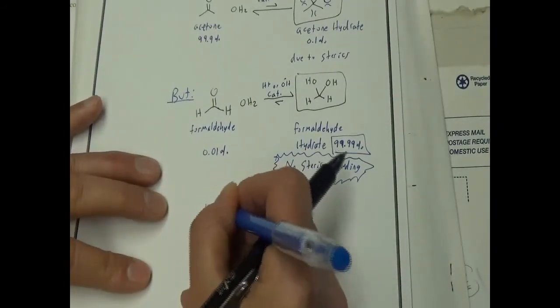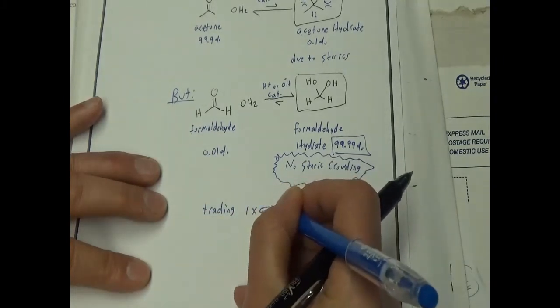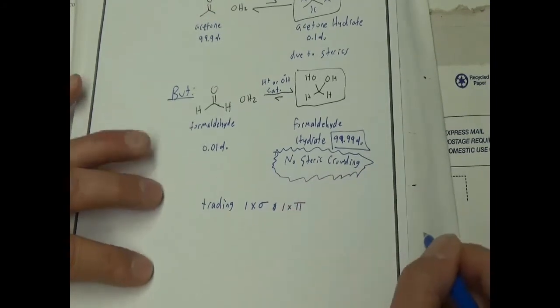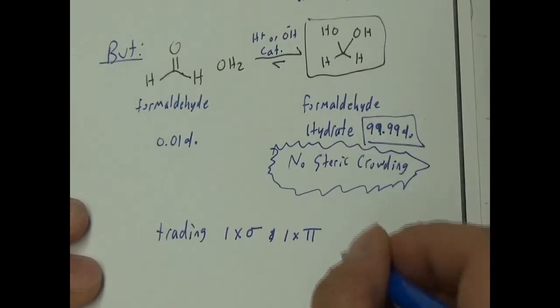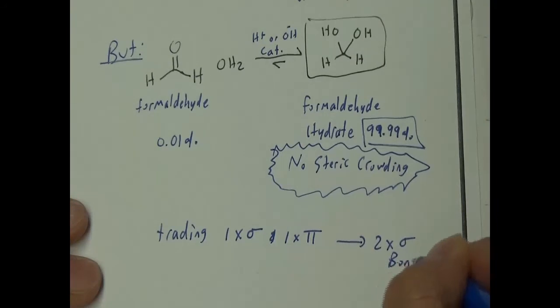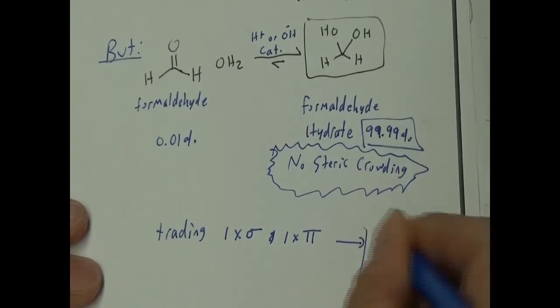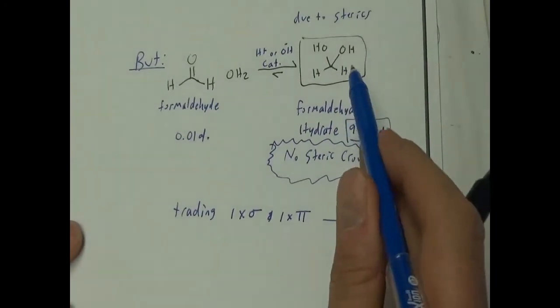Because we're trading one sigma and one pi bond, that's the double bond, for two sigma bonds. And those are stronger. So that explains why the bond strengths make this a happier molecule.